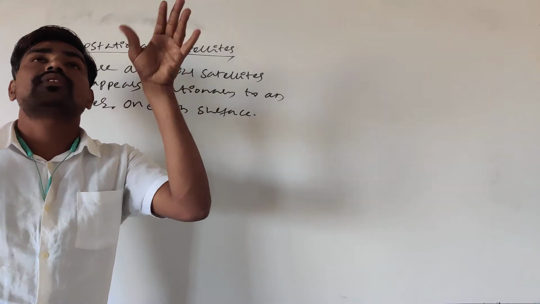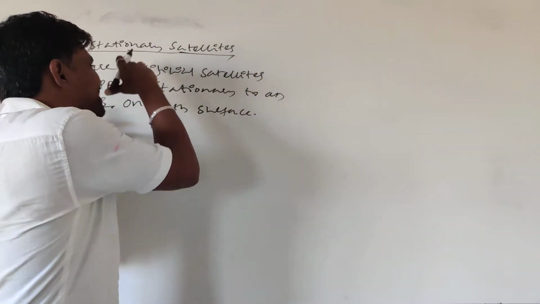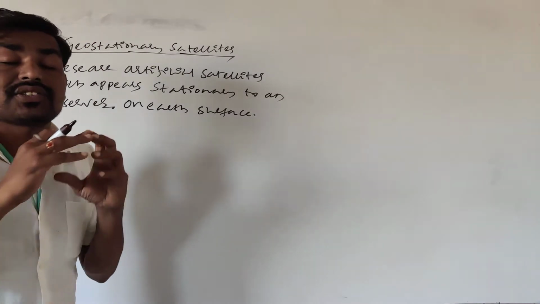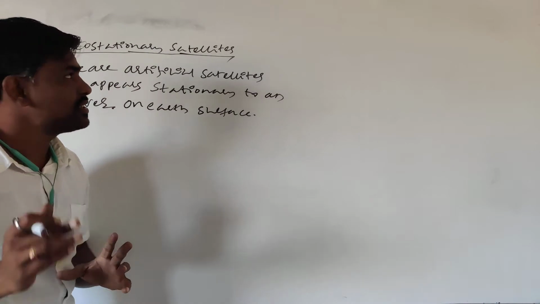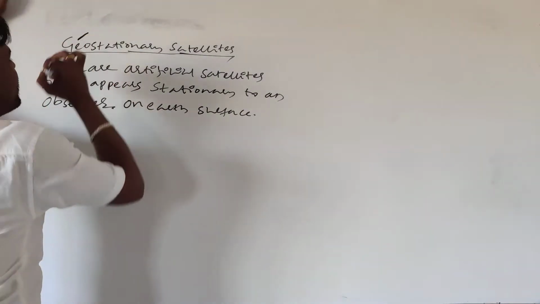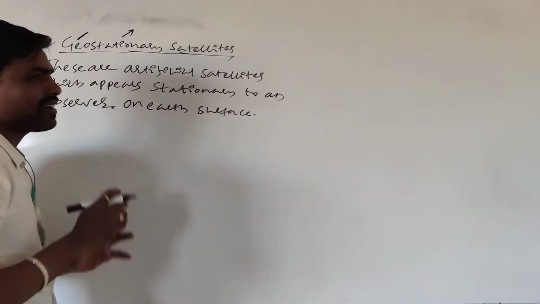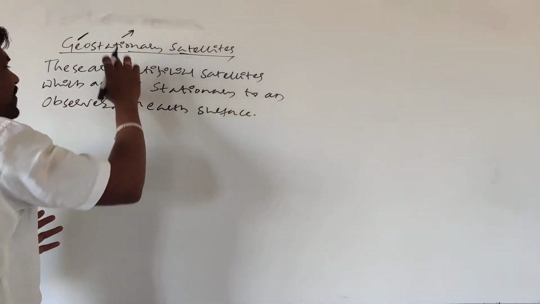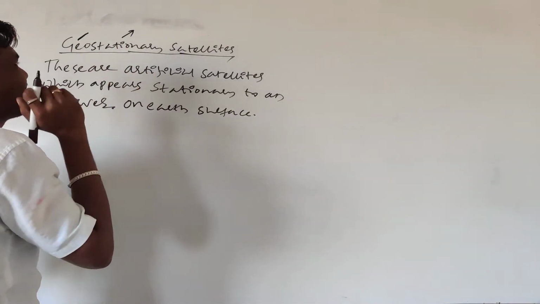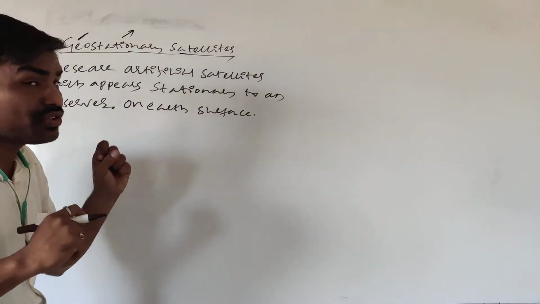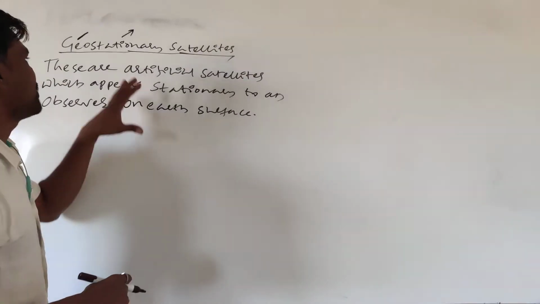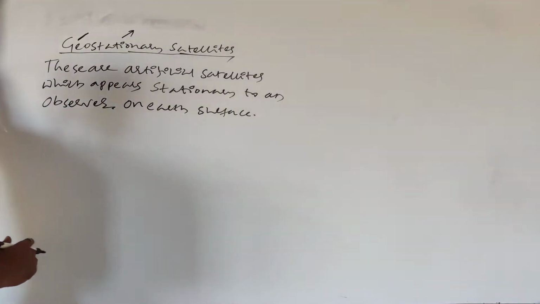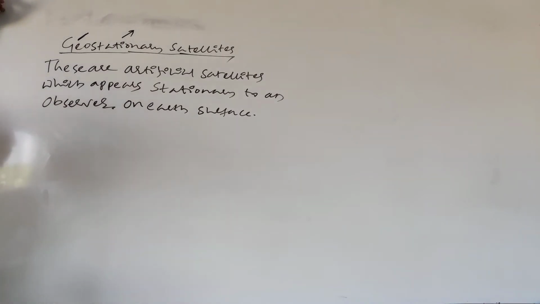When we observe these geo satellites from the surface of the Earth, they appear stationary. Those types of satellites are called geostationary satellites.